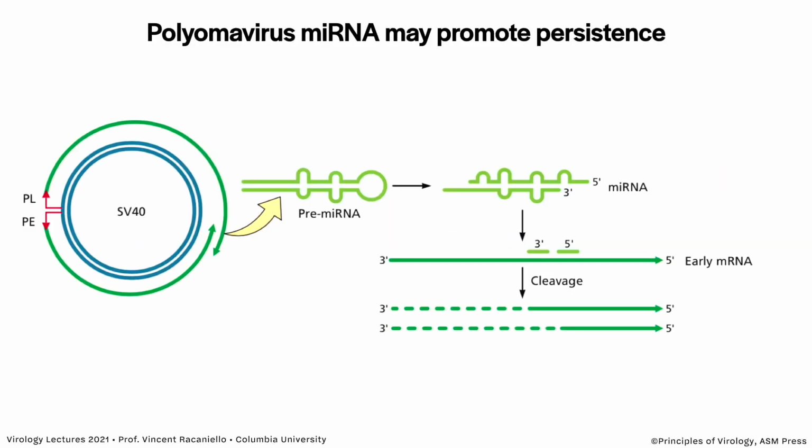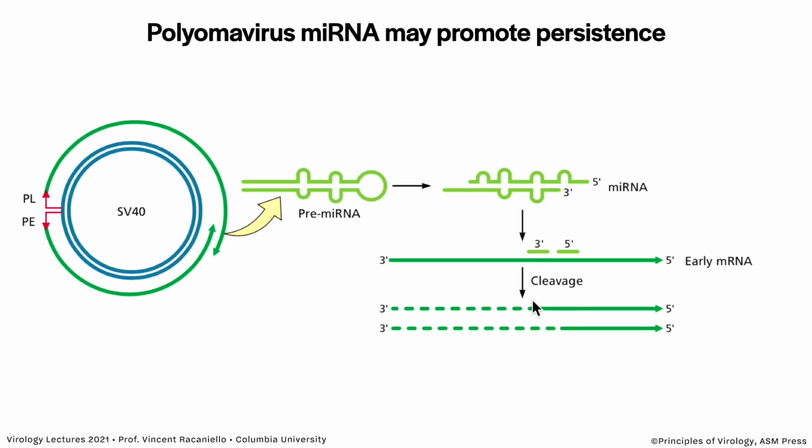Some viruses encode miRs. That was a cellular microRNA. Here's a polyomavirus microRNA, which is derived from one of the mRNAs. The miR is processed, and there they are, they can hybridize to early mRNA. So it's a way that the virus can knock down its own early mRNA, because when the miRs bind, they degrade the mRNA.